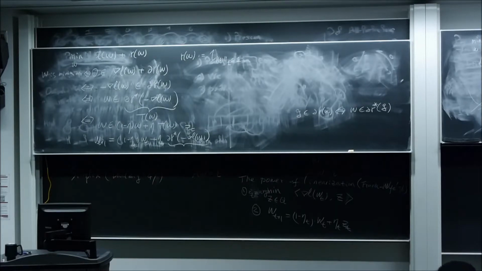So L of y is going to be smaller than L of x plus the gradient at x applied to y minus x, plus the Lipschitz constant L times (y minus x) squared. Right, this is the Lipschitz condition you saw in the proximal gradient or the projected gradient algorithm. Usually you need this condition, right?